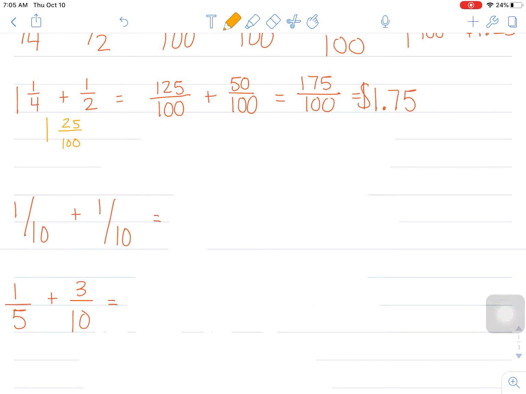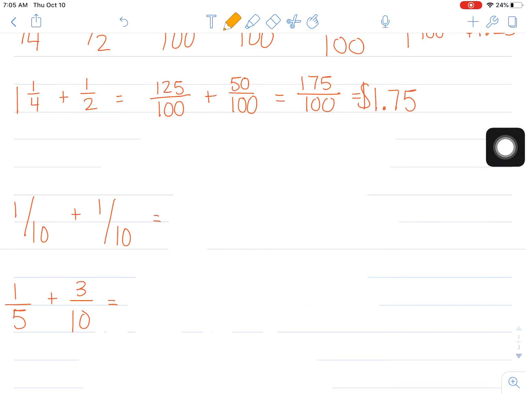Those are the same exact values, okay? I'm going to go ahead and erase that though. And 1/2 is represented by 50 100ths, okay? When you add these two together, hopefully you got 175 100ths, which is the same as $1.75, okay?